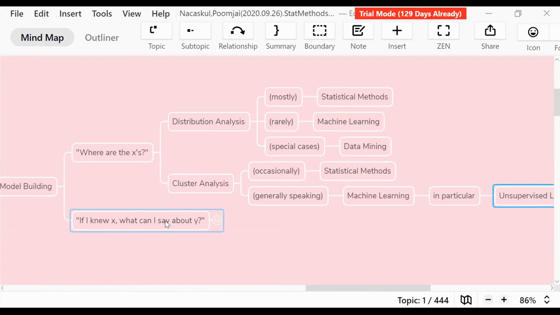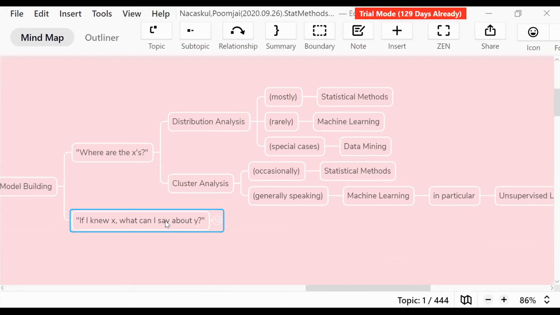Okay. Now let's go to this kind of model. The model that allows you to say where things are. How about if I knew one aspect, one dimension? Can I guess the other dimension? Where things are would be the distribution of height. Can I guess the other better?